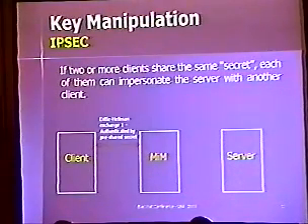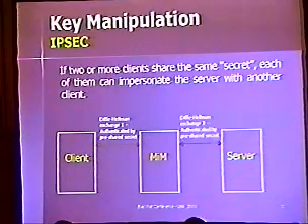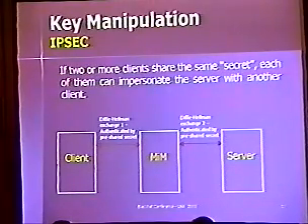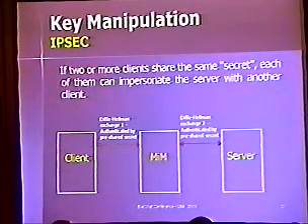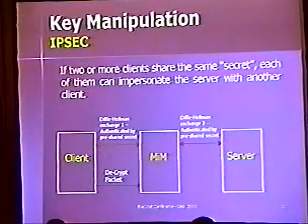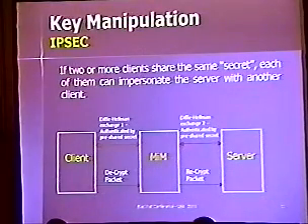So now the man in the middle has set up a phase one security association with the client. Now the man in the middle can set up another security association pretending to be the client with the server, and can authenticate all the packets needed to perform the Diffie-Hellman using the same pre-shared secret. At this point, the man in the middle has set up two separate security associations, one with the client and one with the server, so it has all it needs to decrypt all the packets coming from the client and encrypt those packets going to the server.